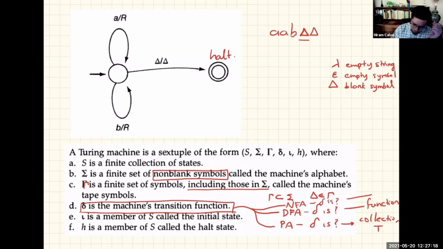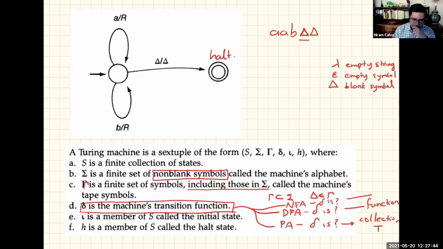And yes. Regarding delta, can you tell me if this delta in NFA is a function or a collection? It's not strictly a function, because a function sets in correspondence to one value exactly another value.